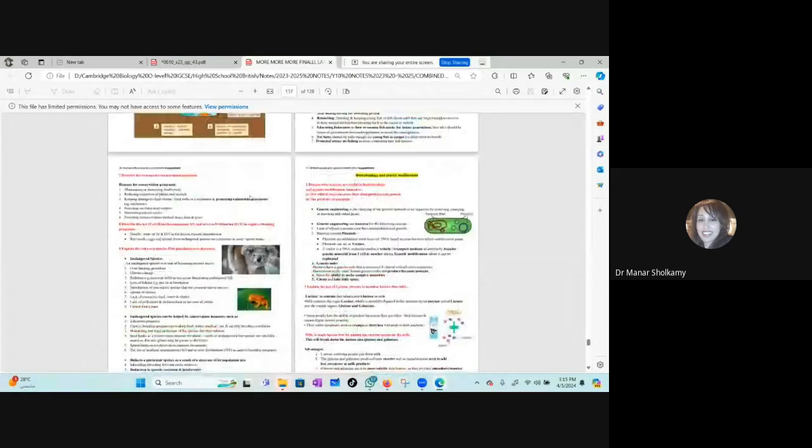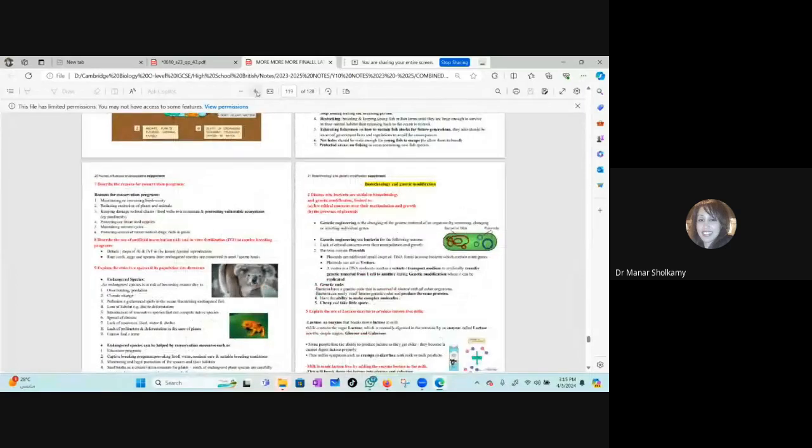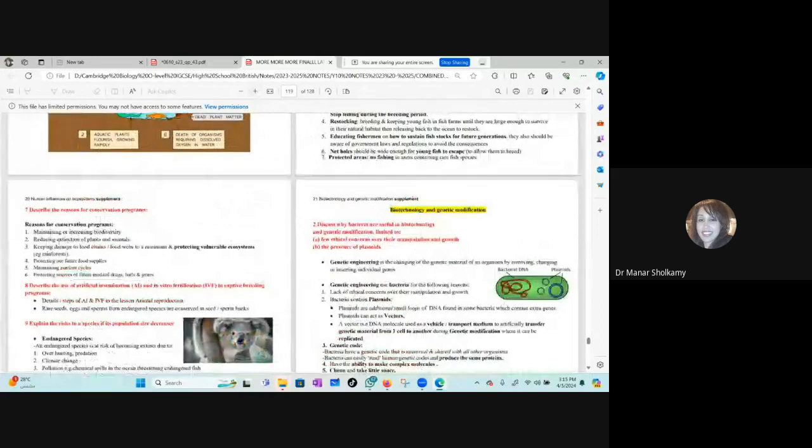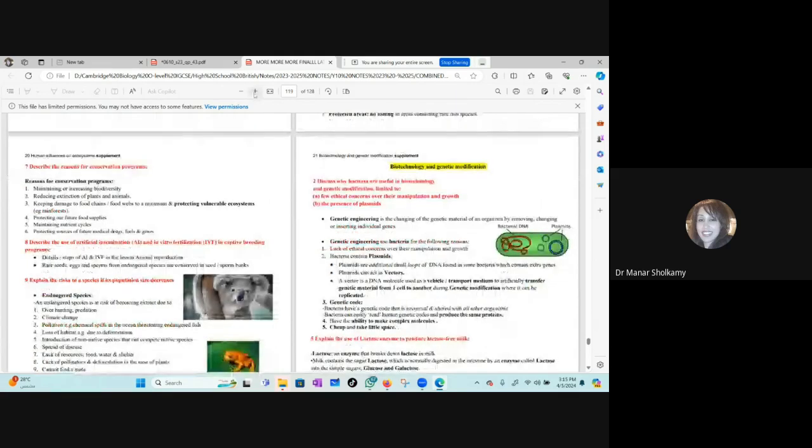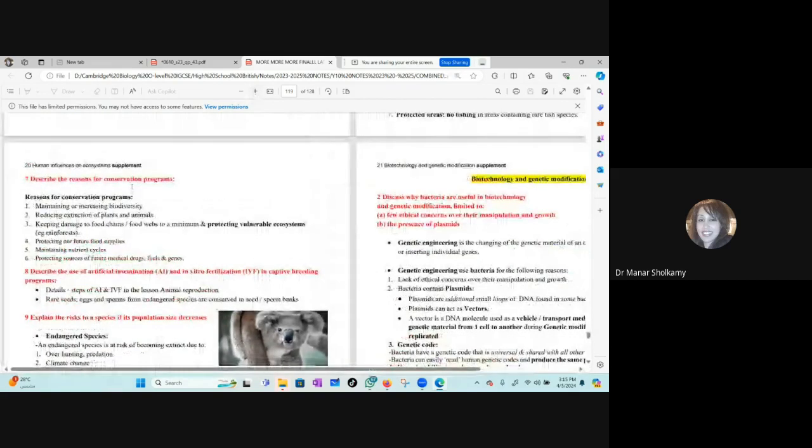Here, it's written here. Reasons for conservation programs: maintaining or increasing biodiversity, reducing extinction, so that I do not damage food chains. This is the part that you have to write. You just need to memorize it. To protect vulnerable ecosystems, to protect any future rare plants, so that you protect your gene pool, if I will use it in medicine. Okay, so these 6 points here are reasons for any conservation program.